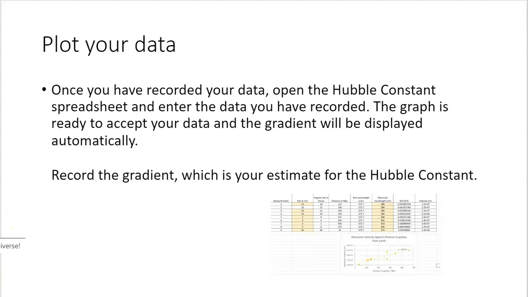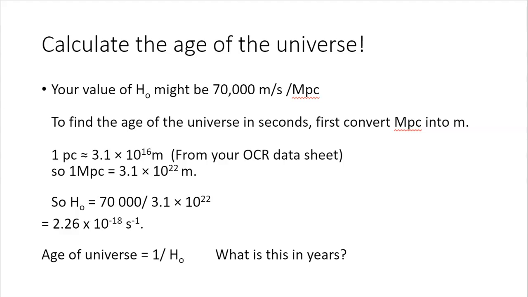Okay, from the value of the Hubble constant, you can then calculate the age of the universe. It depends what your value is, depending on how you read your data, but what we can say is that the Hubble constant is going to be measured in velocity divided by distance, and that's why we've got this slightly strange looking unit, meters per second per megaparsec.